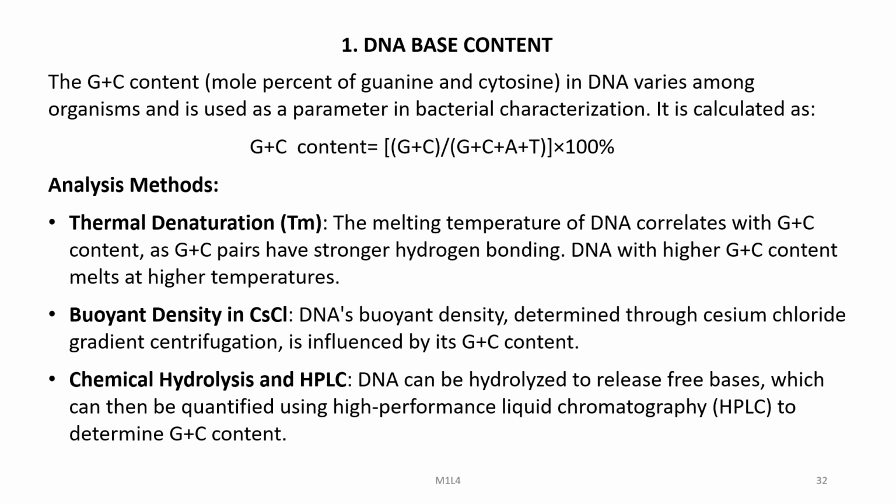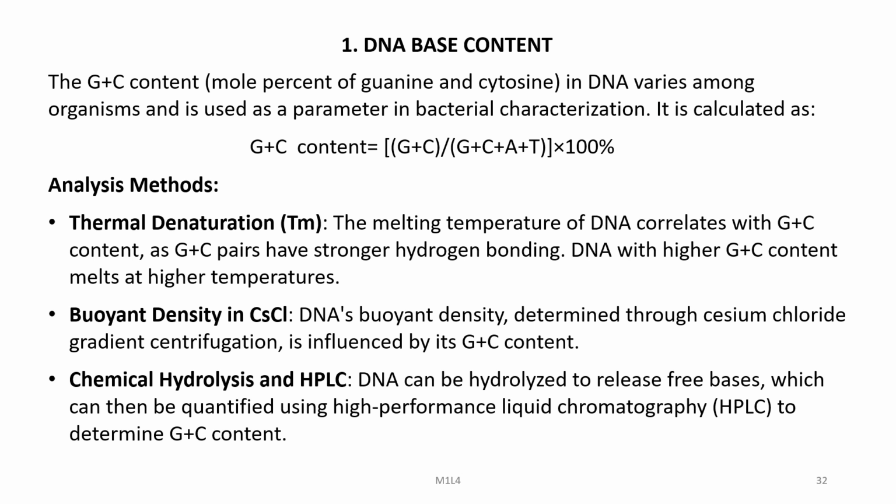One of the important aspects of this genotypic classification is DNA base content, or the amount of base composition. Particularly the GC content, which is mole percent of guanine and cytosine taken together in DNA, varies among organisms, and this variation is used as a parameter in bacterial characterization.